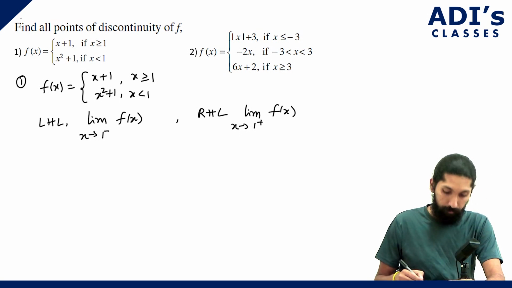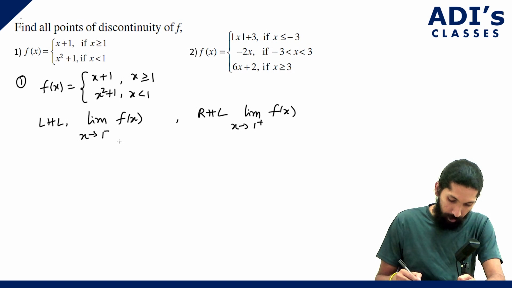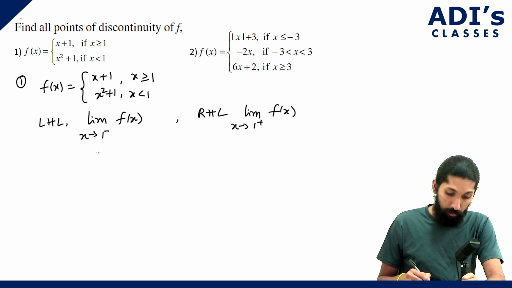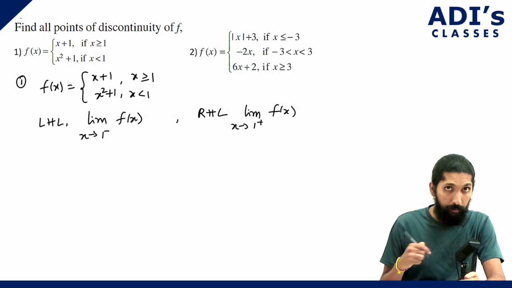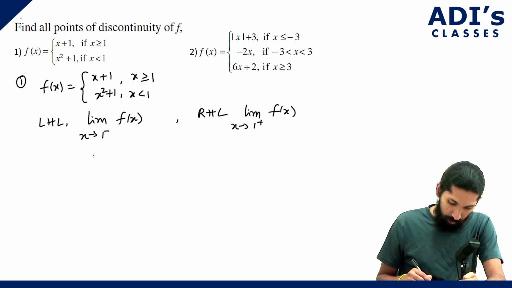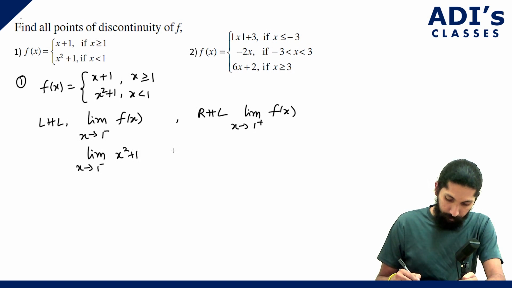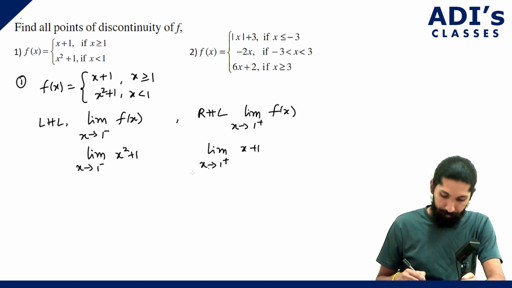LHL is x square plus 1 because x is less than 1, so the limit as x tends to 1 minus of x square plus 1. RHL is the limit as x tends to 1 plus of x plus 1.